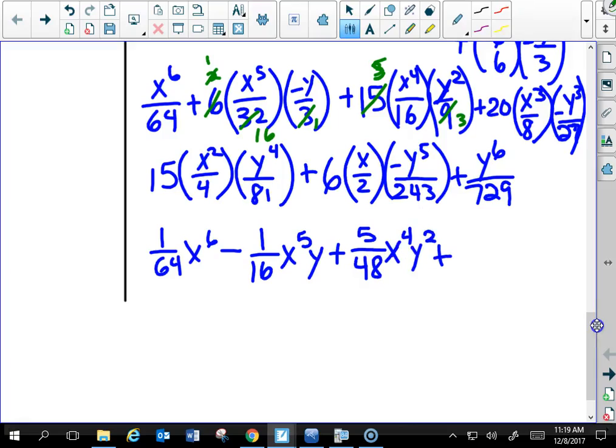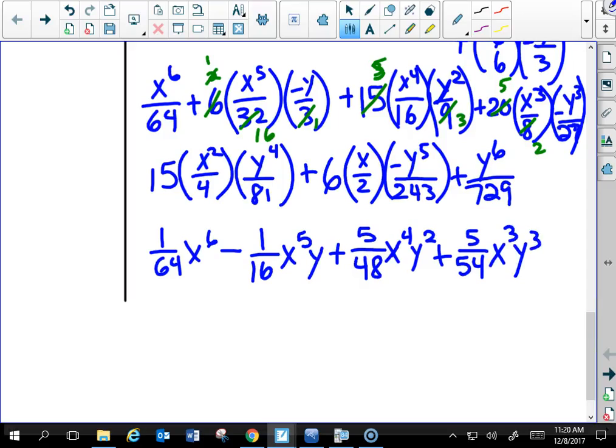And reducing here, 4 goes into 8 twice, goes into 25 times. So 5 over 2 times 27, which is 54. X to the 3rd, y to the 3rd.